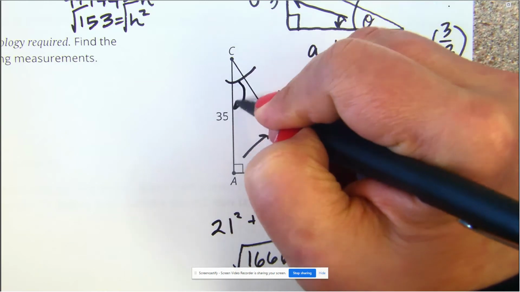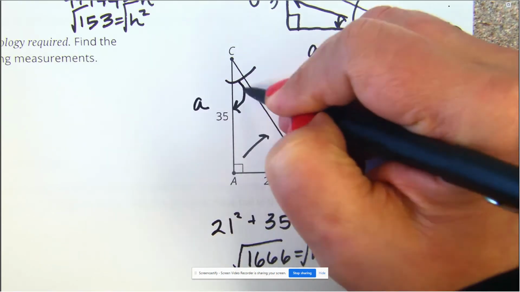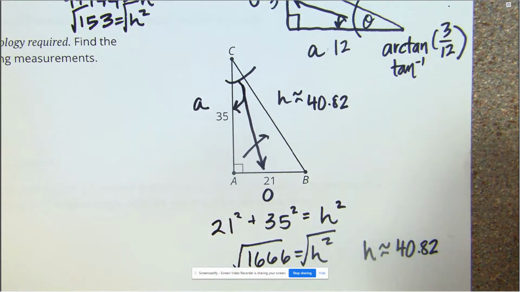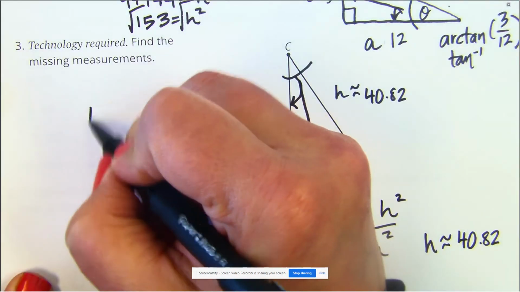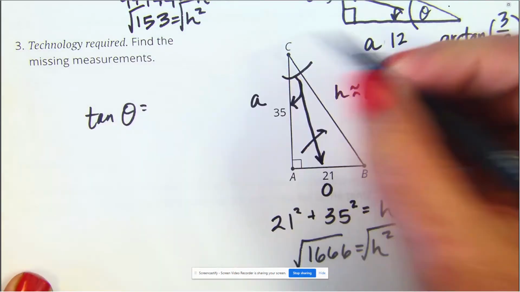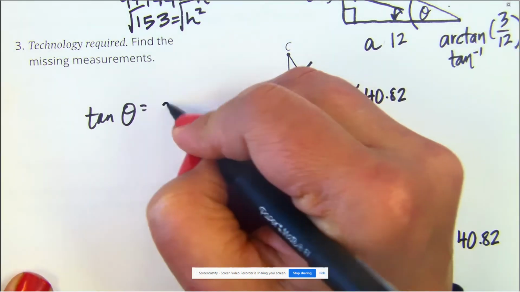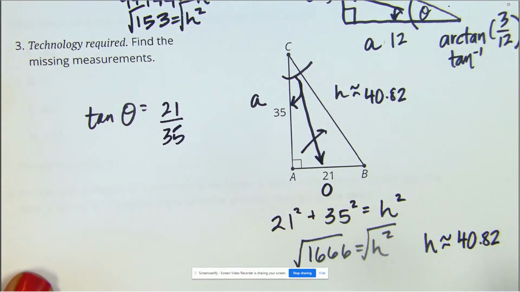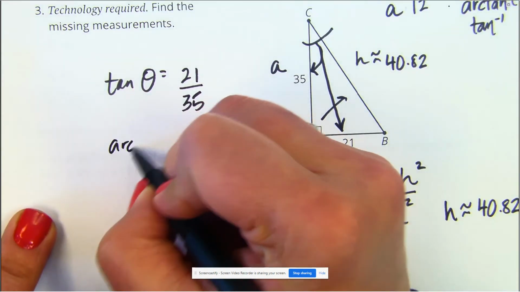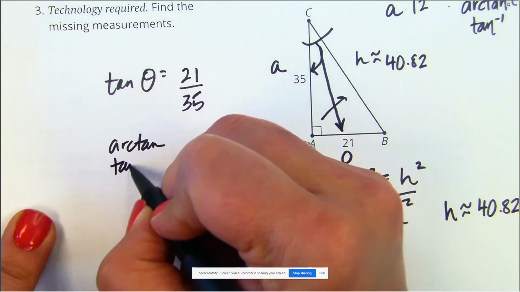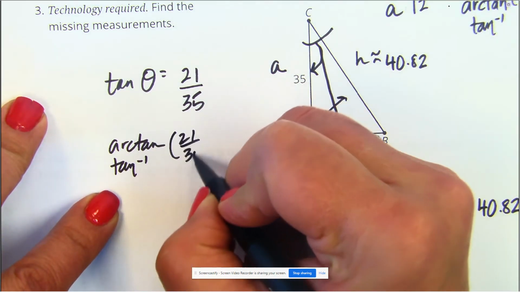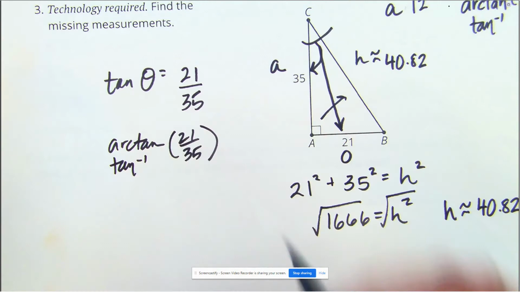So that's my adjacent and that's my opposite. Opposite and adjacent is tangent. The tangent of some angle is 21 over 35. So I need to ask my calculator, hey calculator, whichever button yours has, can you tell me what angle has an opposite over adjacent of 21 over 35?